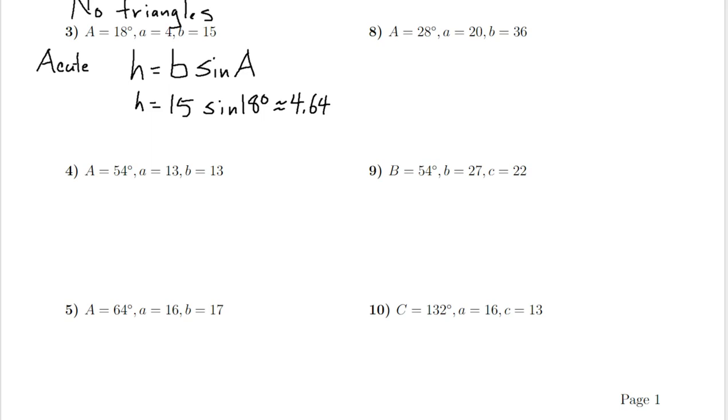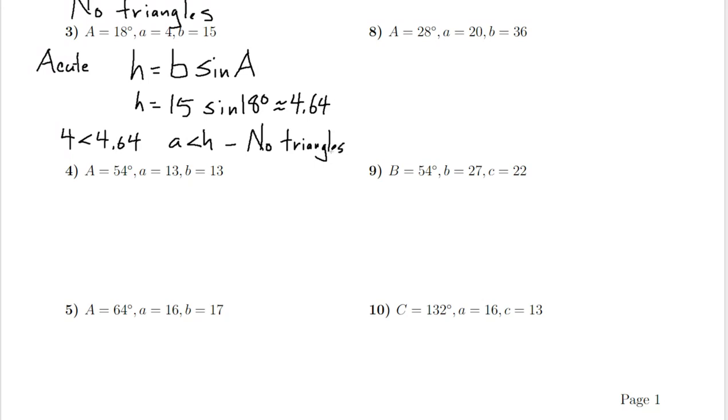Now, we have to consider what's the relationship between A, B, and the new H. And here we see that 4, which is our value for A, is less than 4.6, which is our value for H. So since A is less than H, this is the situation where we have no possible triangles.